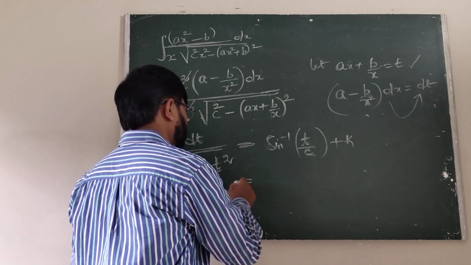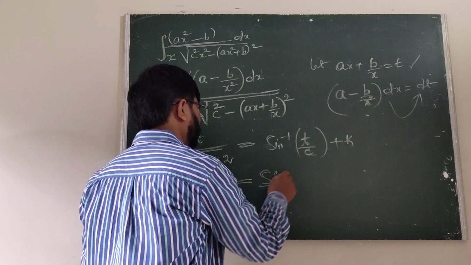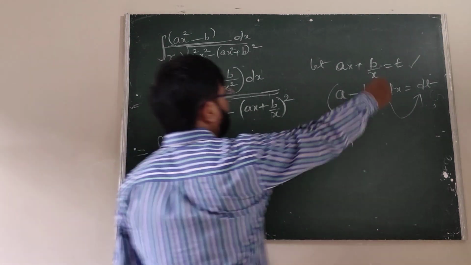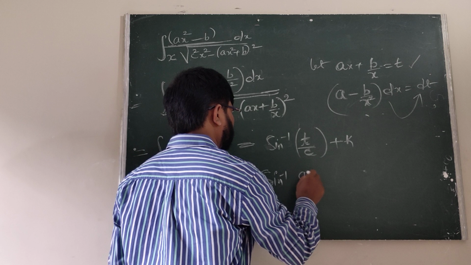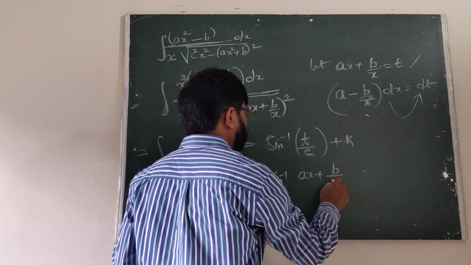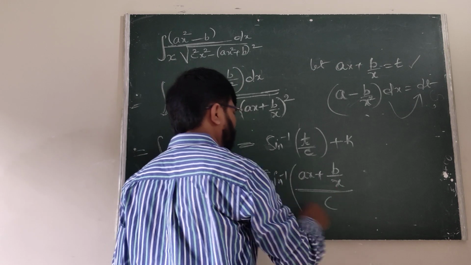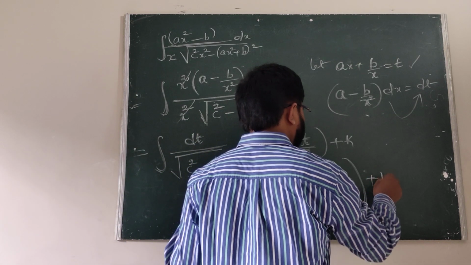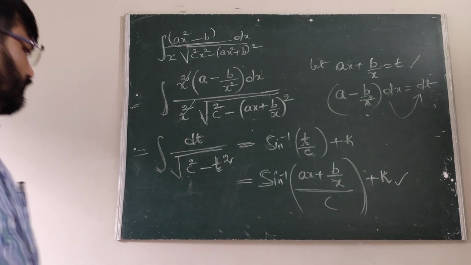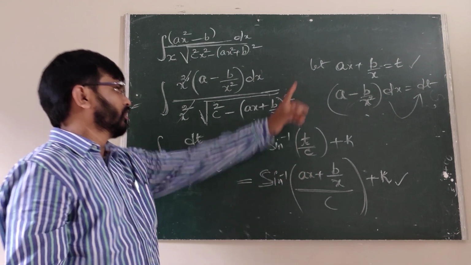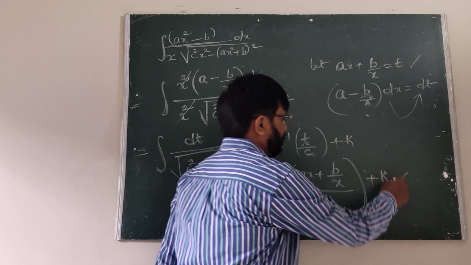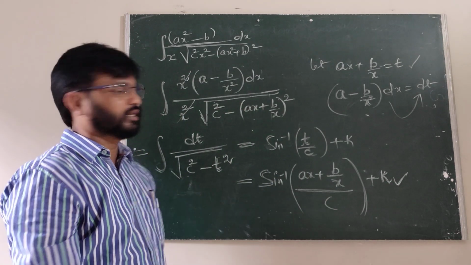Now we can write this as sine inverse of t by c, where t is ax plus b upon x, whole by c. The integral constant is k. This is the solution.